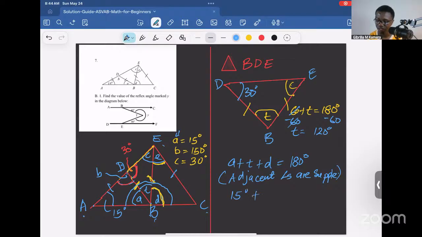T again, we've calculated T to be 120 degrees. We just need D. This is equals to 180 degrees, right? So we add 15 and 120, that gives you 135. So this is 135 degrees plus D equals 180 degrees. What do we need? We need D. So we subtract here by 135, this again by 135. So this and this goes.